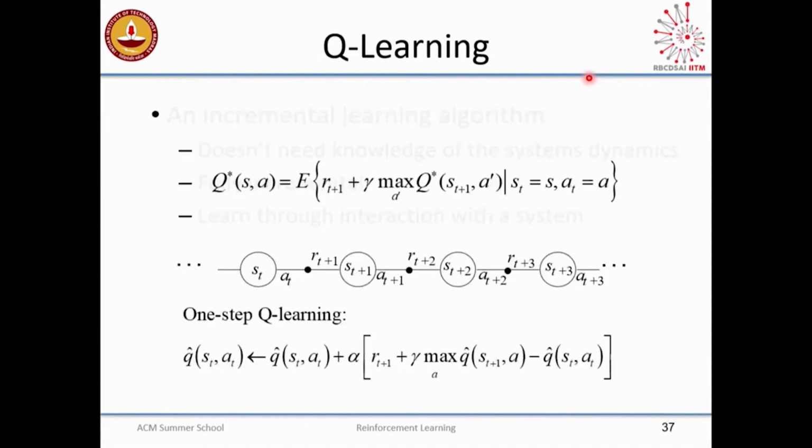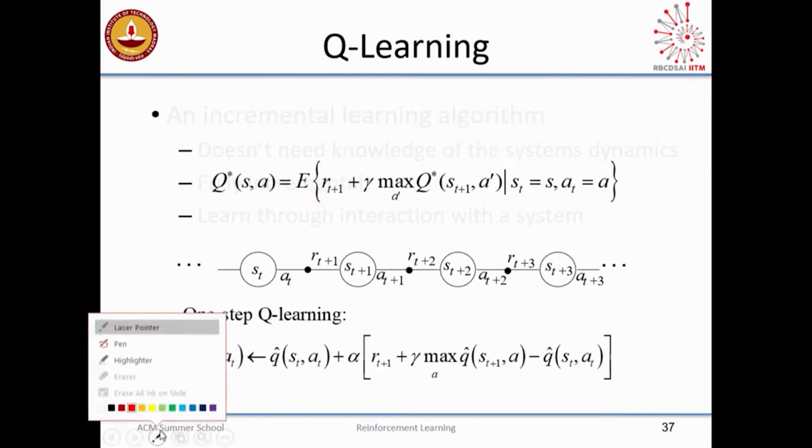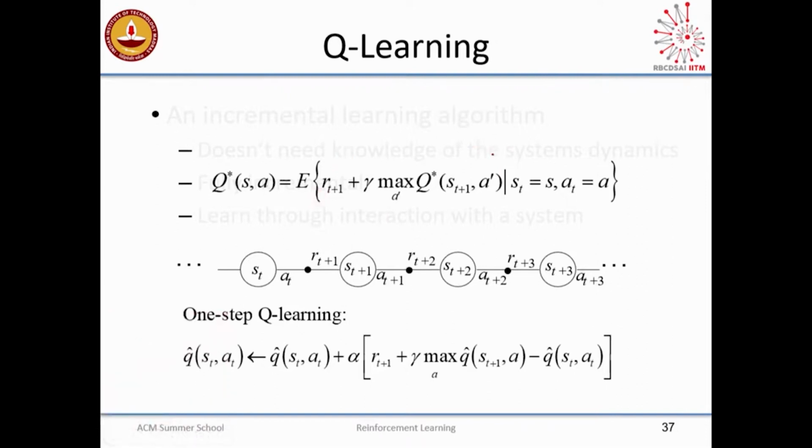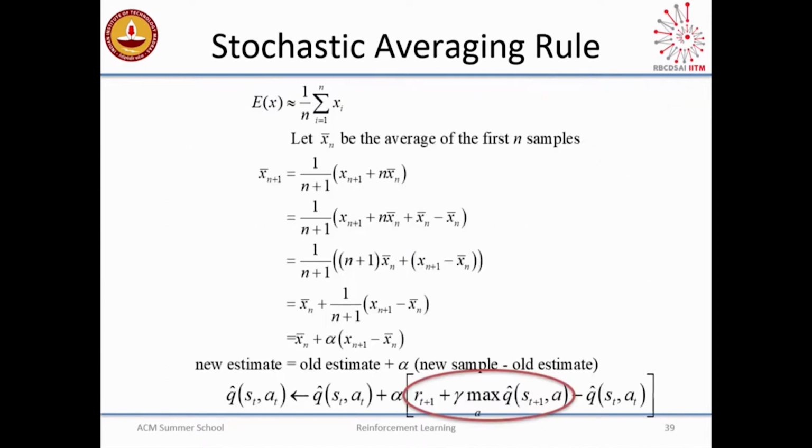I should probably put the expectation back on the slide. This is the quantity I am taking the expectation of. I had put E of x earlier, so this is my x, my x n plus 1. This is my n plus 1 sample I am taking for x, right?